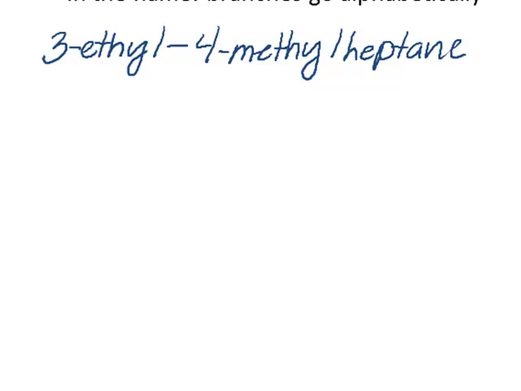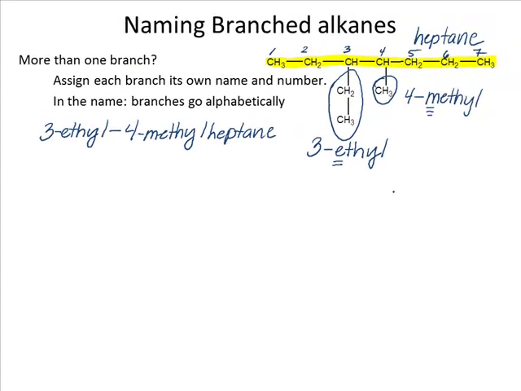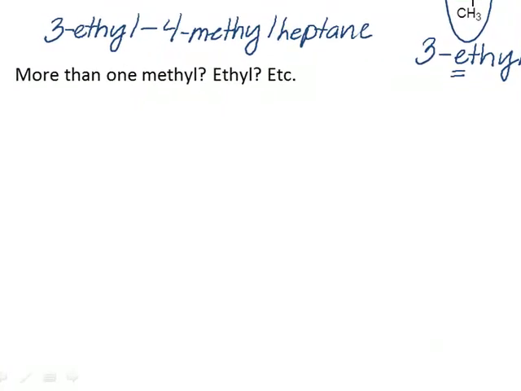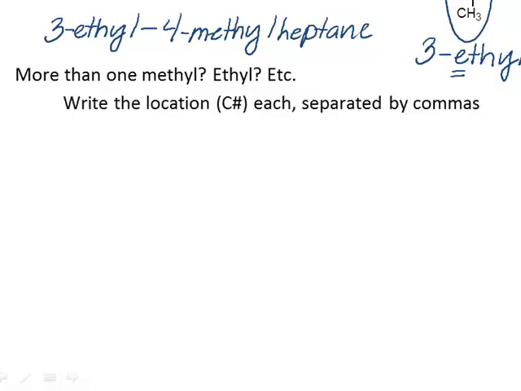One thing that can potentially shorten your names is if you have more than one branch that has the same number of carbons. In other words, if I had 2 ethyl branches, 2 methyl branches, 2 propyl branches, or anything of that type. In that case, when you have more than one of the same type of branch, we can actually smush them together a little bit in the name. In that case, we're going to write the location and separate it by commas.